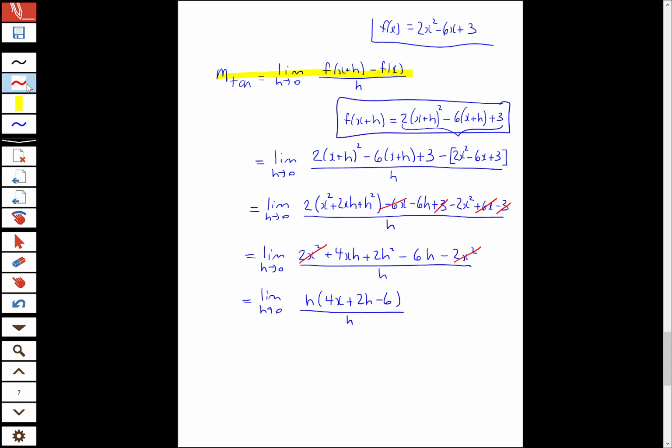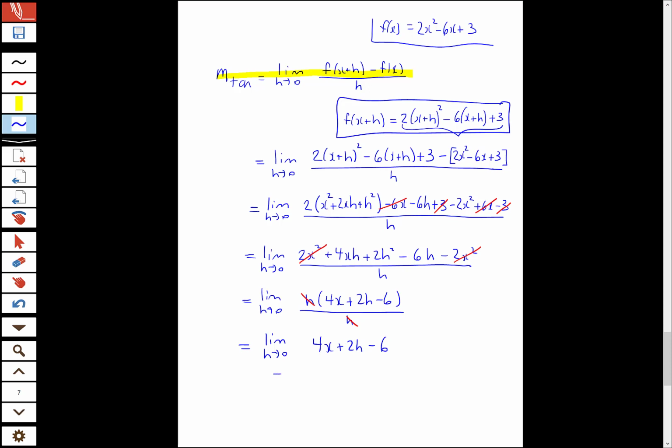Okay, so the point here is that the factor of h is going to cancel from the top and the bottom. And if we clean this up, we're talking about limit as h goes to 0 of 4x plus 2h minus 6. So this is the very first step now where it makes sense to plug in h equals 0, and we're getting something other than 0 over 0, so that's beautiful.